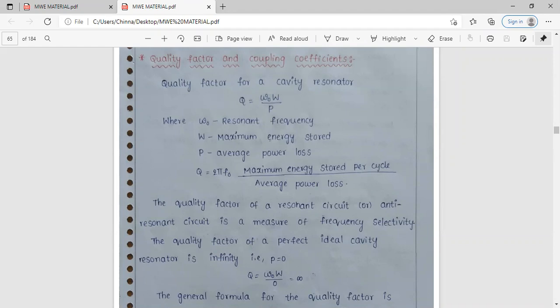So we can consider Q is equal to W0 under 2 pi F0, so 2 pi F0 into maximum energy stored per cycle by average power loss. That is the quality factor in the cavity resonator.